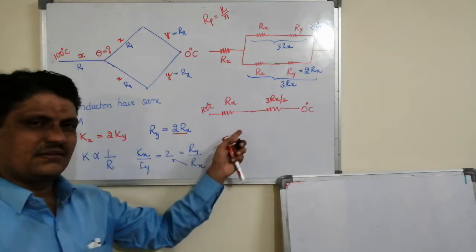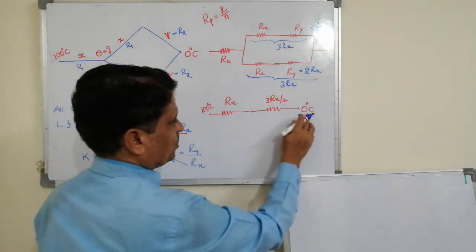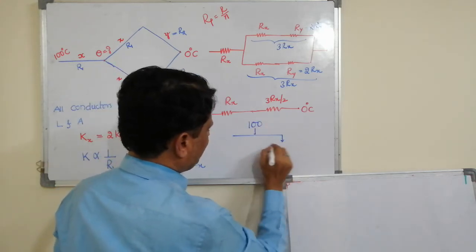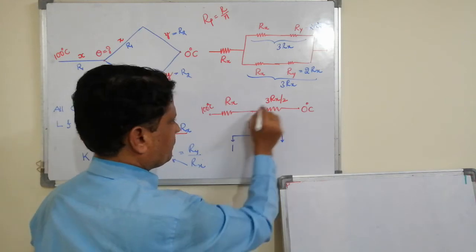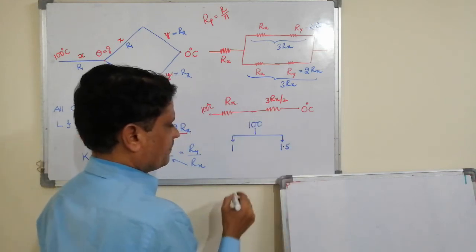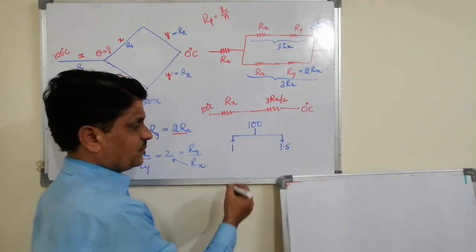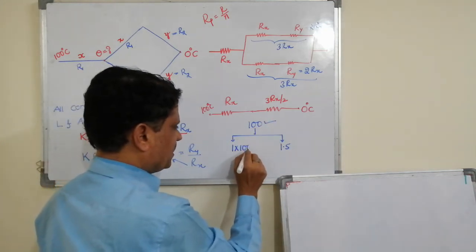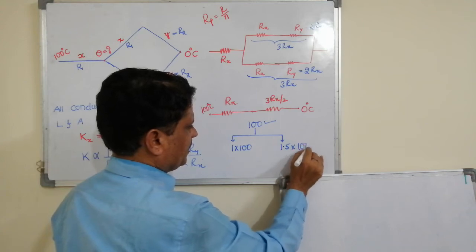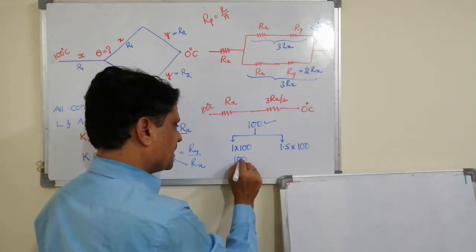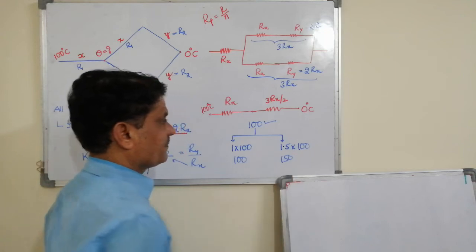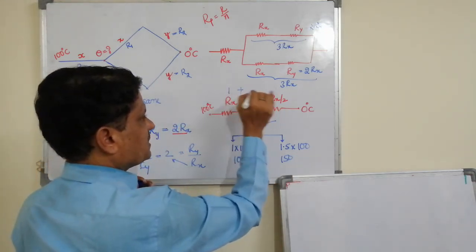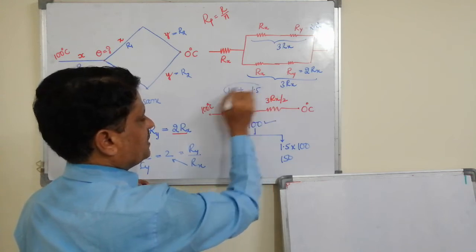Total difference is 100. This 100 is divided into 2 parts, 1 and 1.5. To make it convenient, multiplied by 100, so it is 100 and 150. This total should be divided by 1 plus 1.5, which is 2.5.